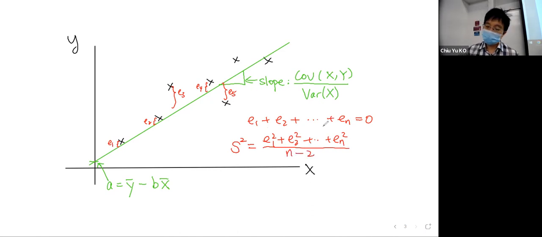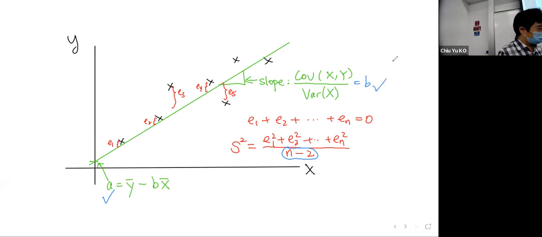The reason this is the sample variance is familiar, and the only thing that is new is the n minus 2. The reason is that we estimate two parameters, parameter A and parameter B. So when we estimate two parameters, there's n minus 2.